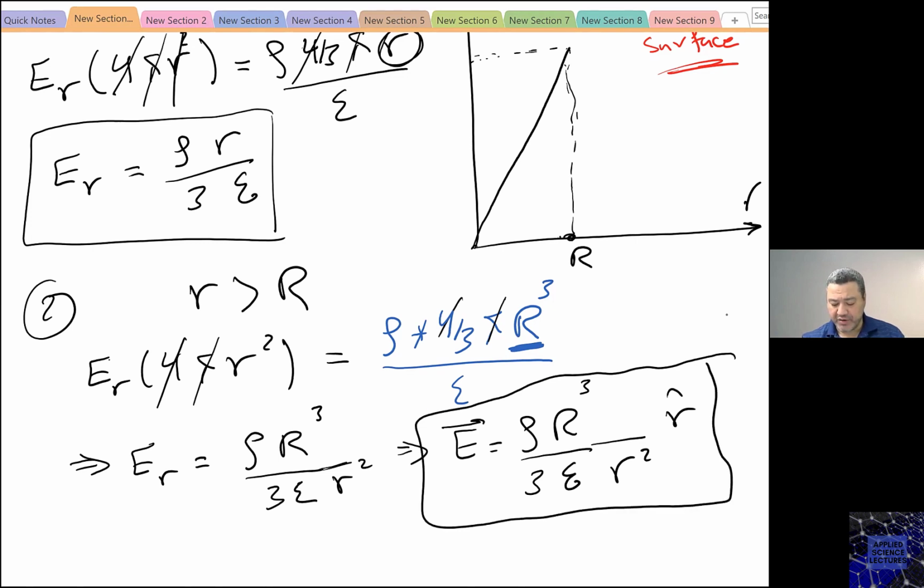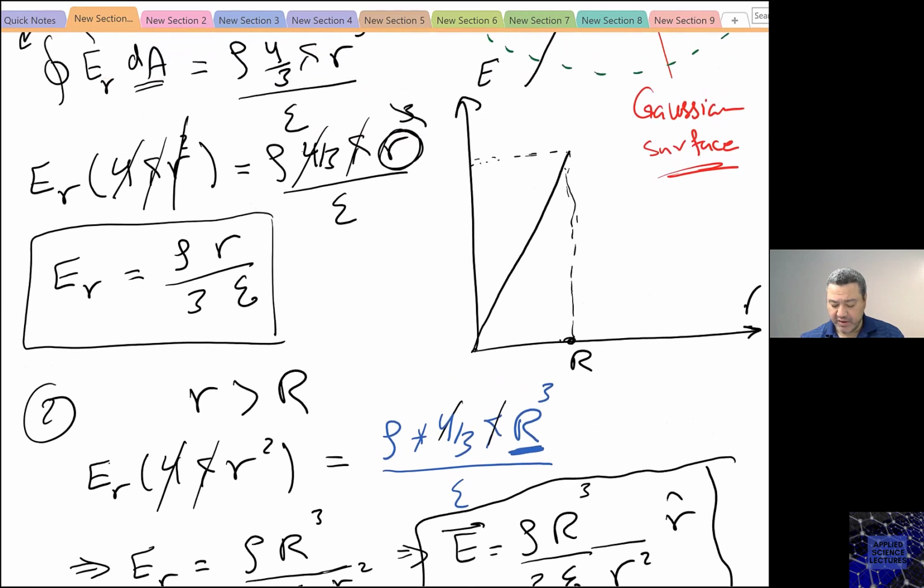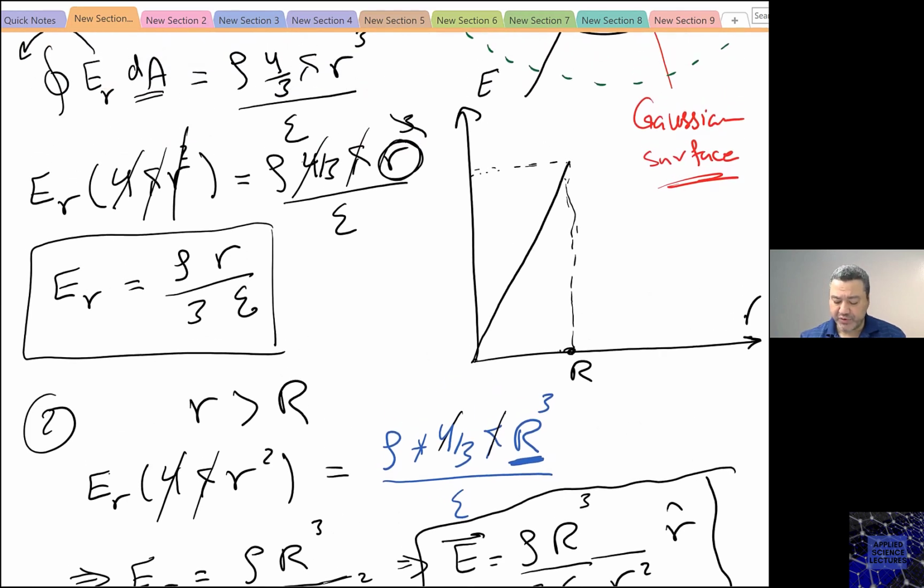Now, if you want to draw this, you will see that this one will be decaying as inversely proportional to r squared. So it is going to go like this until it becomes 0 at infinity. So that's the difference. Here, again, what was this? Maximum rho R over 3 epsilon.